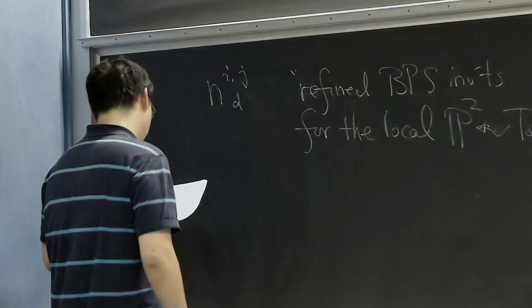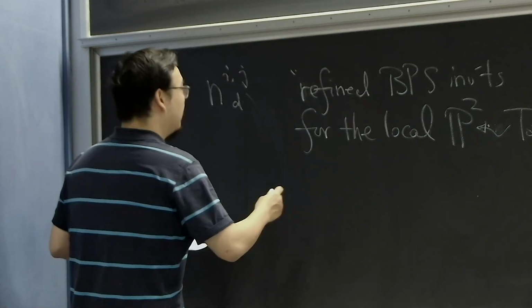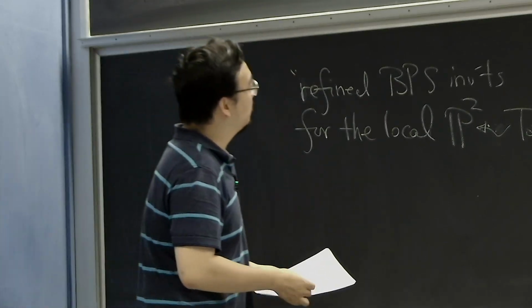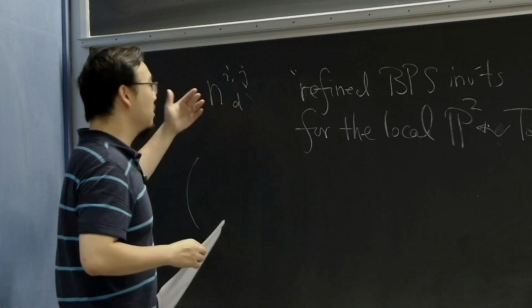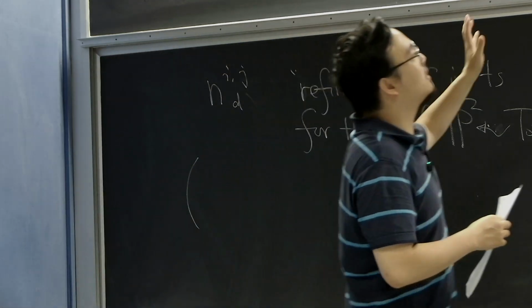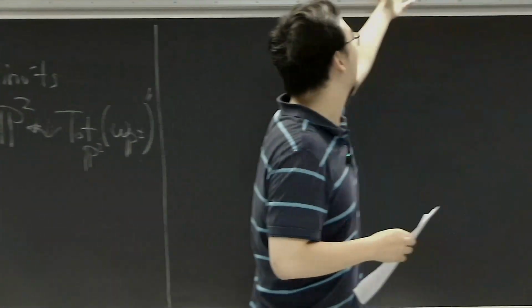These are called refined BPS invariants, and in particular, if you sum them up in this way, they encode the information of the Betti numbers.